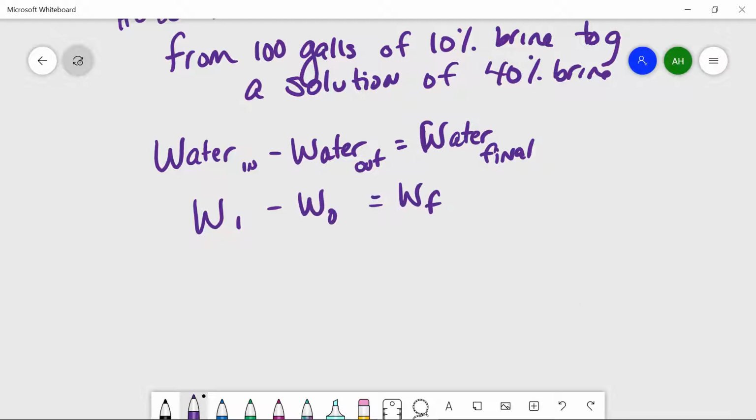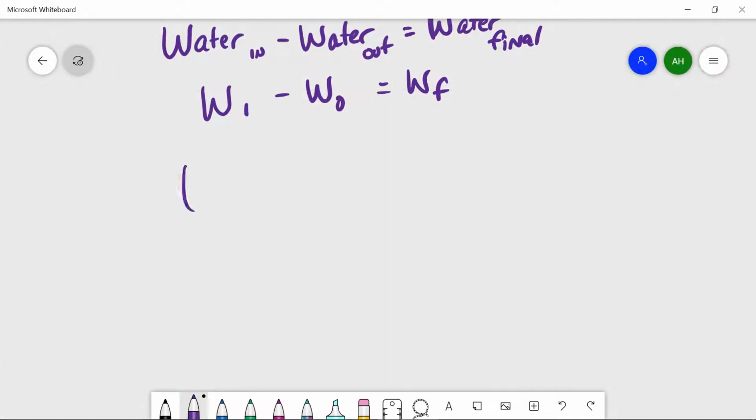Let's think of having my containers. I'm going to put in the 100 gallons of 10% solution. I'm going to evaporate some amount out, and I'm going to be left with 100 minus however much I evaporate.